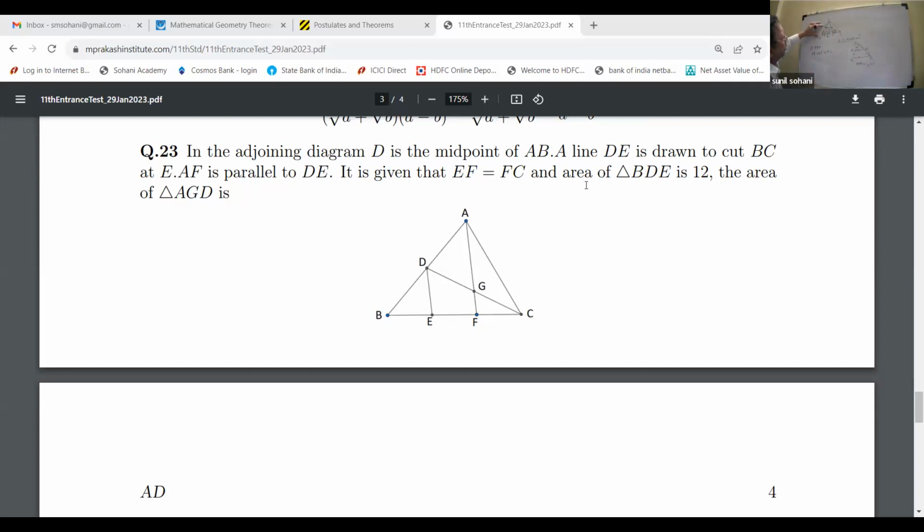So total BDC is 36. But sir, how do you get BE is 12? Okay, let me explain. And then ADC is also going to be equal to 36.